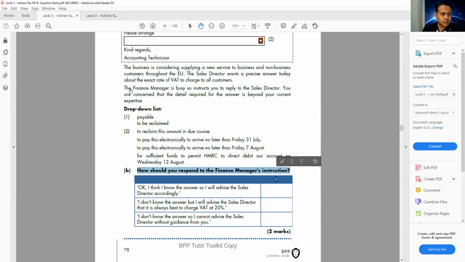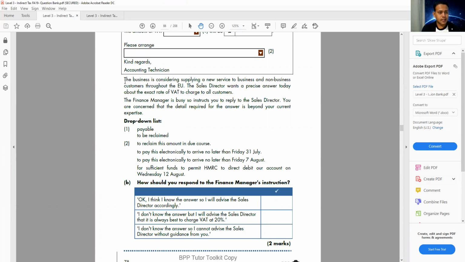What is the instruction? It says the business is considering supplying a new service to business and non-business customers through EU.